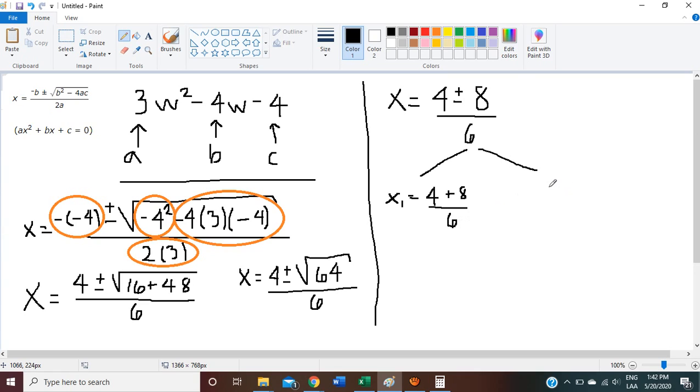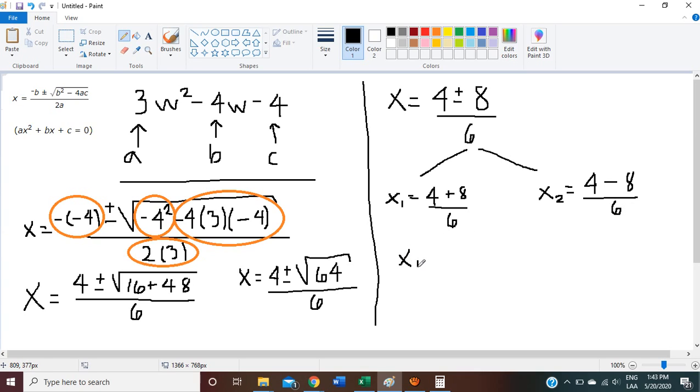The other answer is going to be x2, which equals 4, but instead of plus, we're going to use minus. So minus 8 divided by 6.